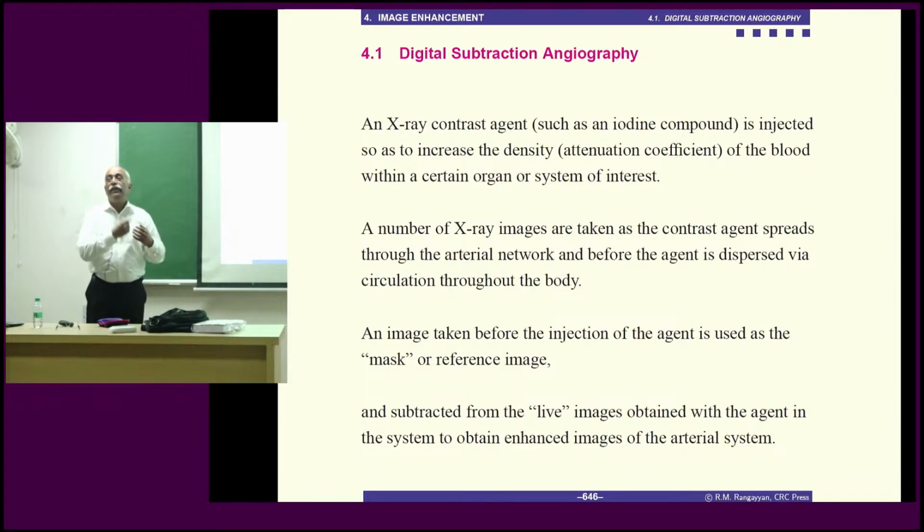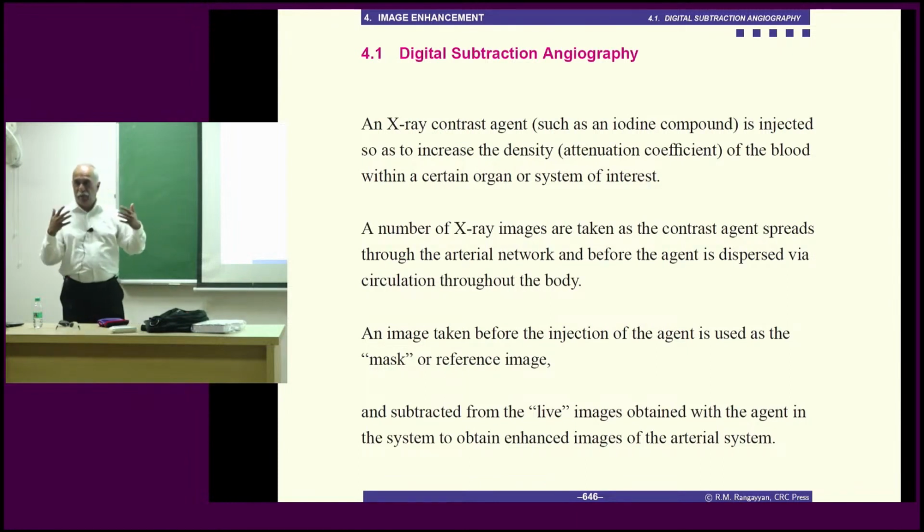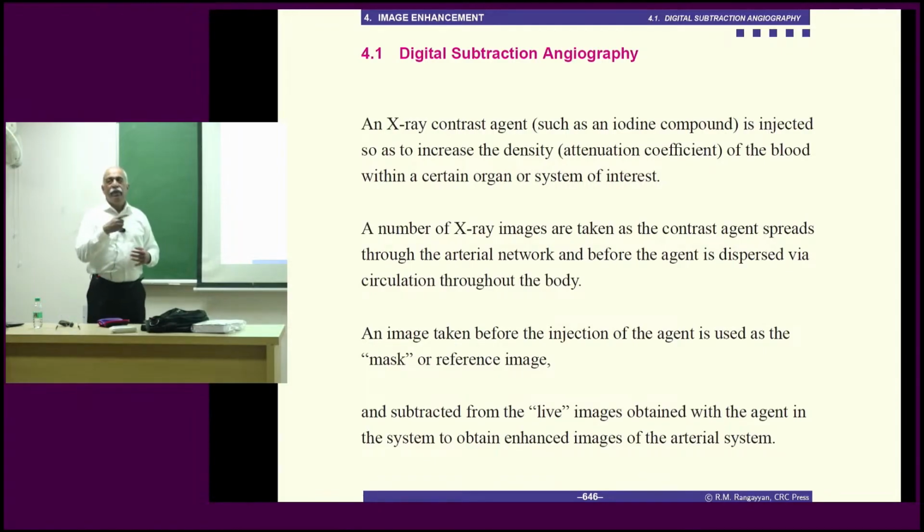And the change is only in the blood vessels. So you take a picture a little after the injection has been done, and the contrast agent has settled in the parts of the body that you are interested in. Take a picture and then subtract the two. So the difference is only in that injected contrast medium, so the blood vessels will show up.